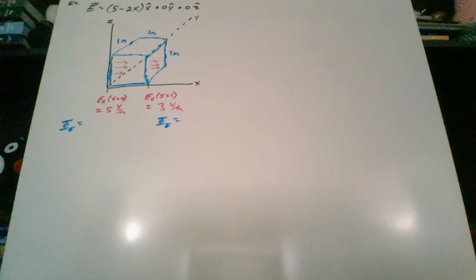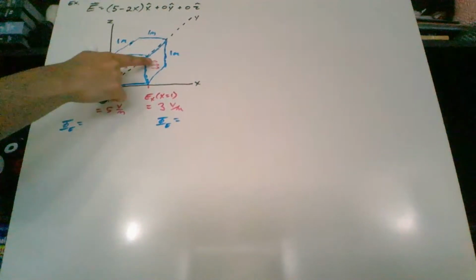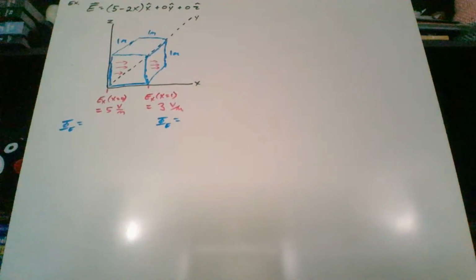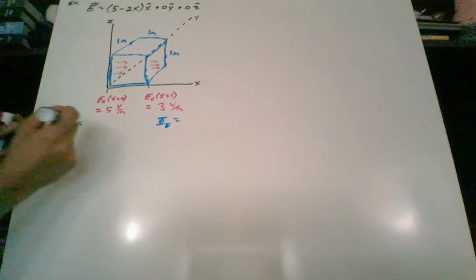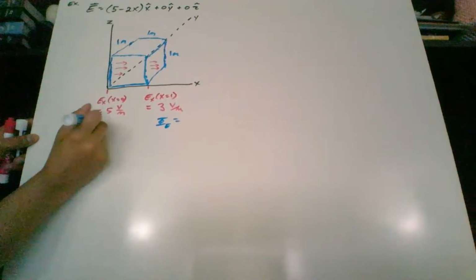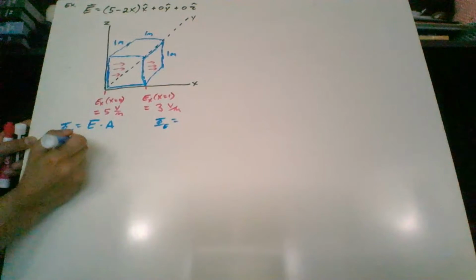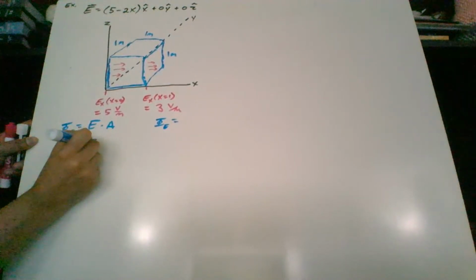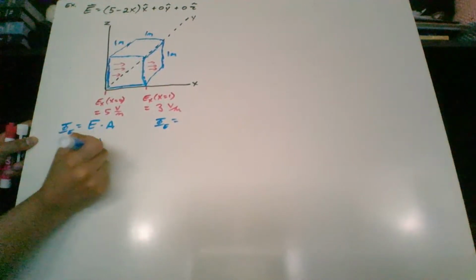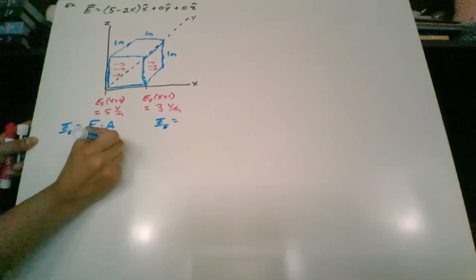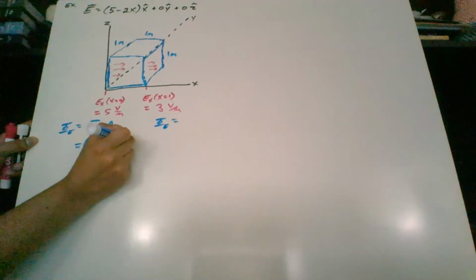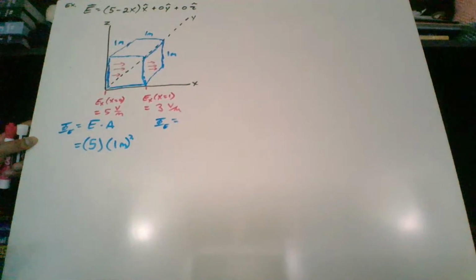Now the flux is the next thing we want to find at each one of the points. So there's field lines going in and there's field lines going out. So what is the flux? Well, the flux is just the electric field times the cross-sectional area. So over here, it's going to be 5 multiplied by the cross-sectional area, which is going to be 1 meter squared. 1 times 1, that's the cross-sectional area.